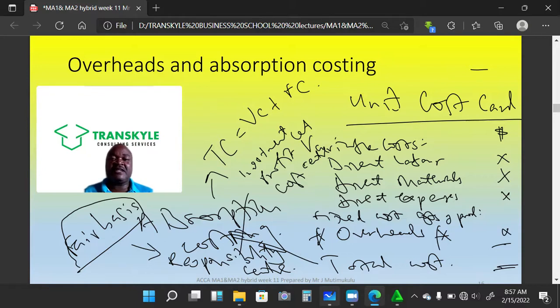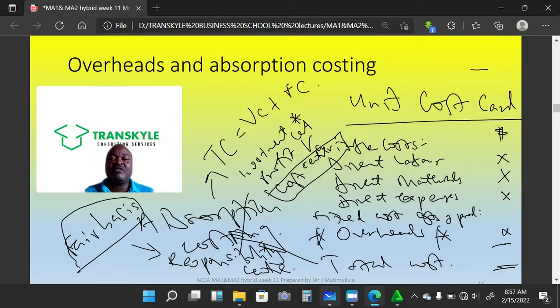We say that these managers are assessed based on what their center is responsible for. At a cost center, you must not bother this guy on why the entity is indulging in loss-making investments, because that's the responsibility of the investment center manager.